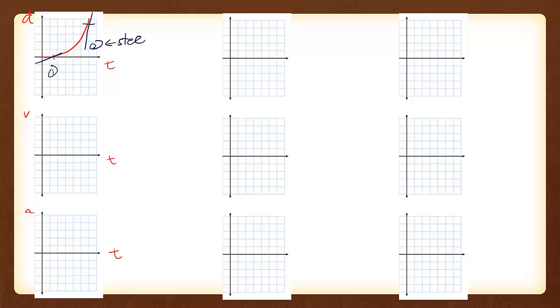That means the value here for the velocity will be higher than number one here. And also you can see this is of course a non-uniform, non-constant slope, but from time 0 to the end it is still positive, right?